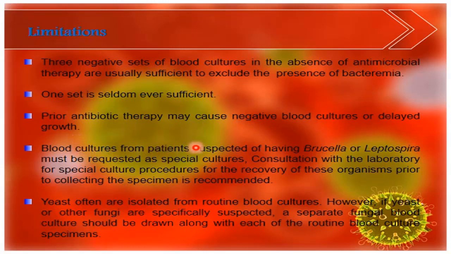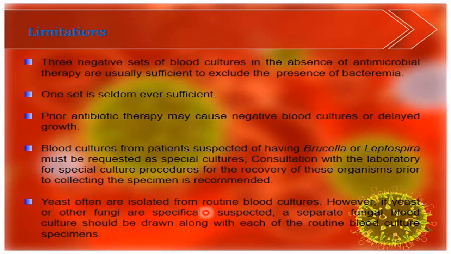Blood culture from patients suspected of having Brucella or Leptospira must be requested as special culture. Why? Because Brucellosis and Leptospira infections need specific or special culture conditions like carbon dioxide, enrichment media, selective media, and so on.